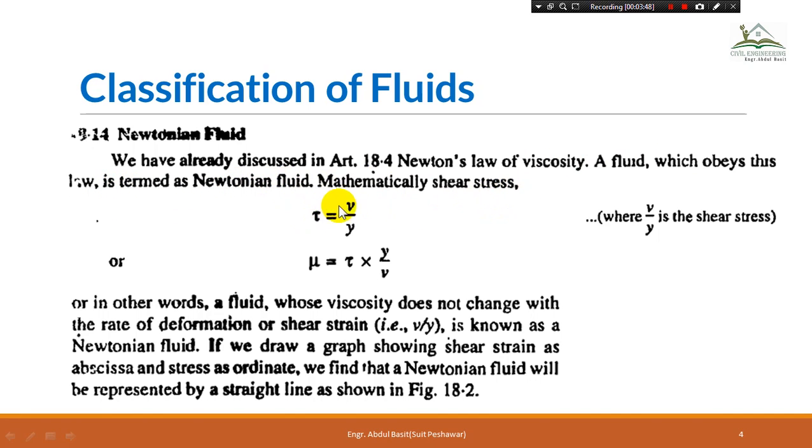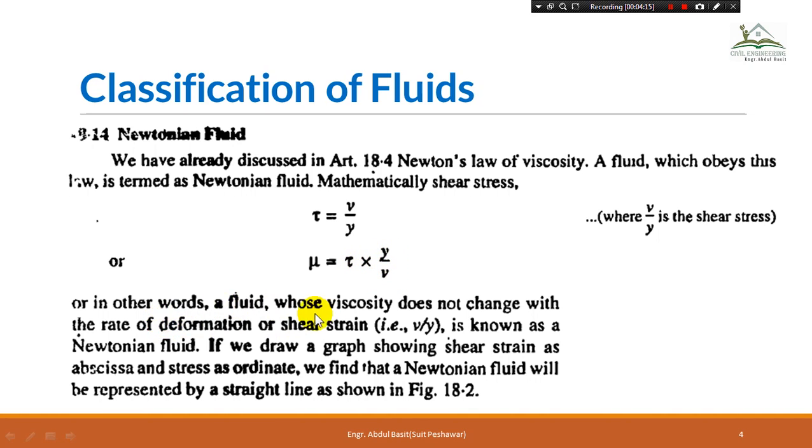Mathematically, shear stress is equal to viscosity multiplied by velocity divided by y, which is the distance between the layers. In other words, you can rearrange Newton's law of viscosity equation, and the absolute viscosity will be shear stress multiplied by y divided by v.